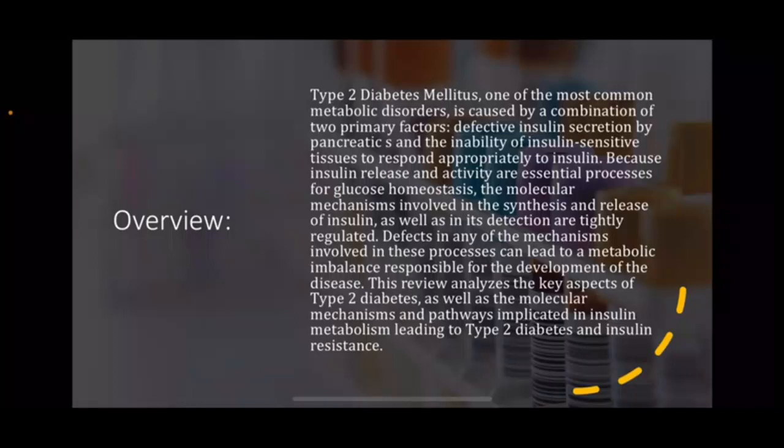Because insulin release and activity are essential processes for glucose homeostasis, the molecular mechanisms involved in the synthesis and release of insulin, as well as its detection, are tightly regulated. Defects in any of the mechanisms involved in these processes can lead to metabolic imbalance, responsible for the development of the disease.